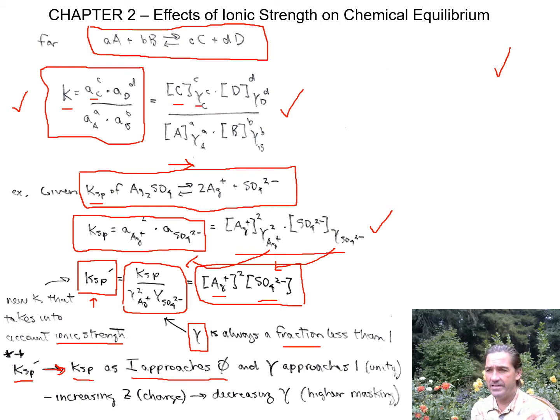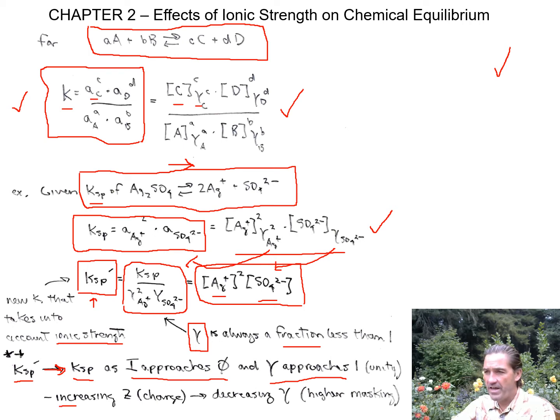What that's saying is as we move to less and less ionic strength, once we get to pure water, K prime is equal to K. And again, that's what you cover in all your textbooks. Typically, when you do a calculation, you're just assuming pure water. And also, as you get to pure water, the coefficients that are present all approach 1, because as you get less and less ionic strength, they get closer and closer to 1.